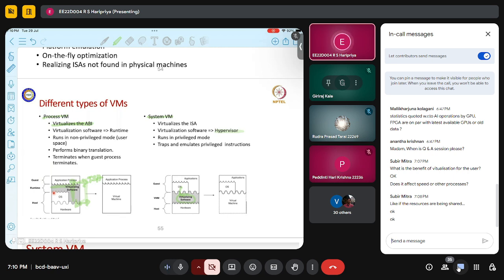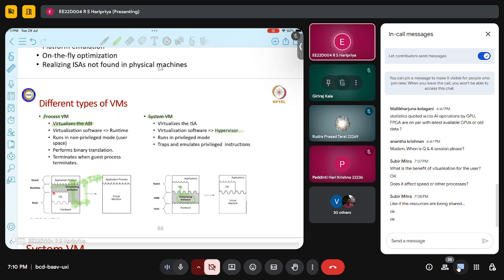Let us say JVM, the Java Virtual Machine. We write a Java program which is compiled to bytecode and runs only on the Java virtual machine. The JVM transforms the bytecode ISA to the x86 ISA, so it is the interface between the bytecode ISA and the x86 ISA.